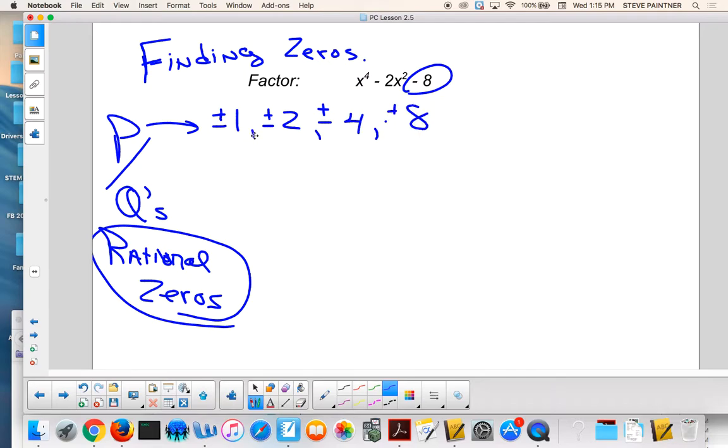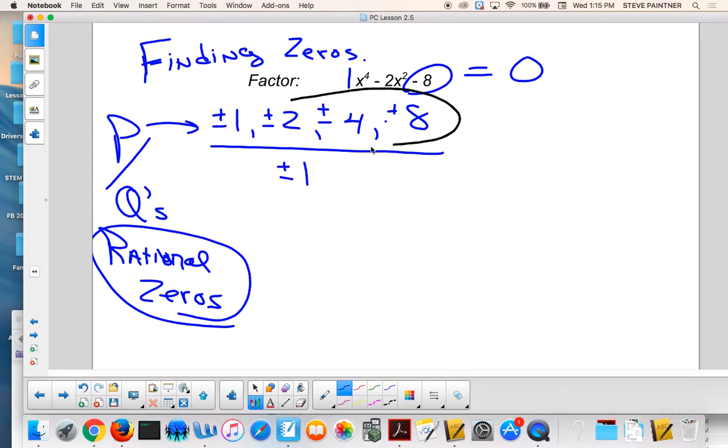Over, what are Q's? Factors of the leading coefficient, which is 1. So I want the zeros. Now you should be able to tell me right now, when I say plus or minus 1 down here, the possibilities are just these, right?